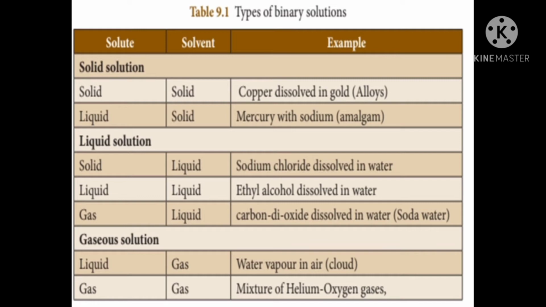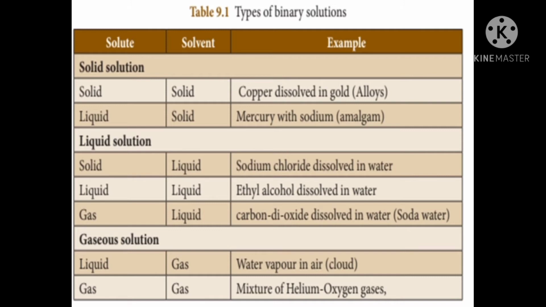Alloys means a mixture of metals, or a metal combined with one or more other elements, in a particular proportion. The best example is gold ornaments, where copper is dissolved in gold. Second one is liquid in solid.